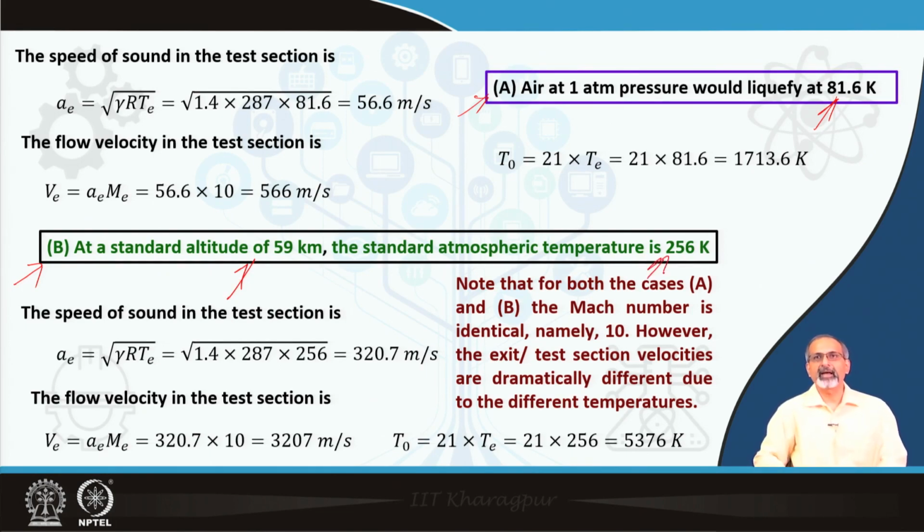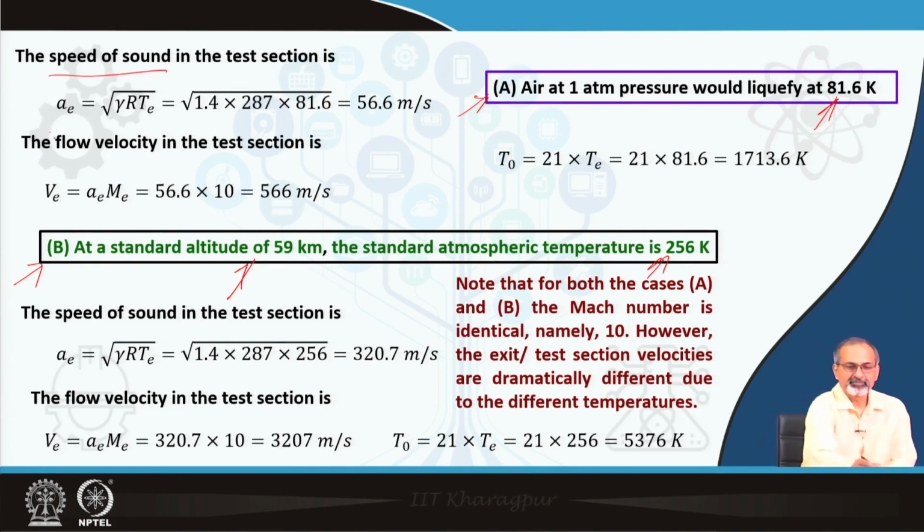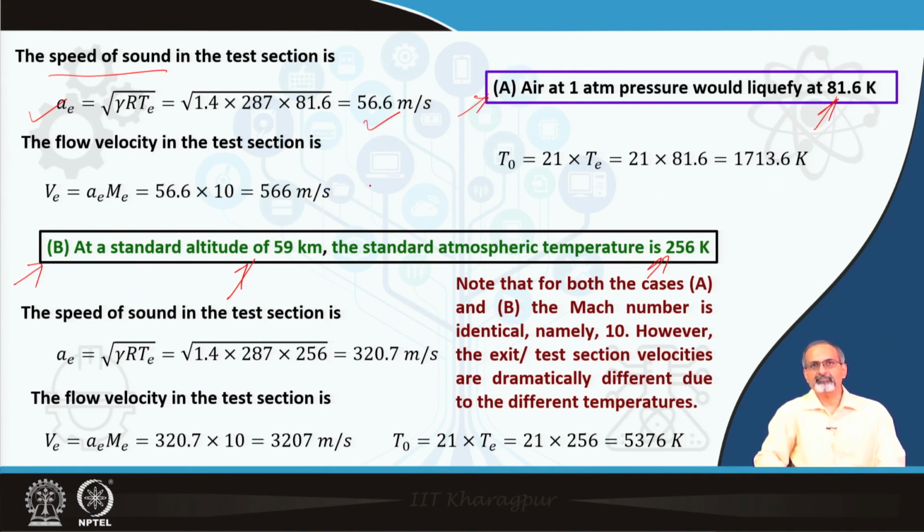then at those two temperatures, if you try to work out the speed of sound, in the 81.6 Kelvin case, you find that the speed of sound comes out to be 56.6 meters per second, which is way smaller than what we are used to at standard sea level conditions, which is more than 300 meters per second.